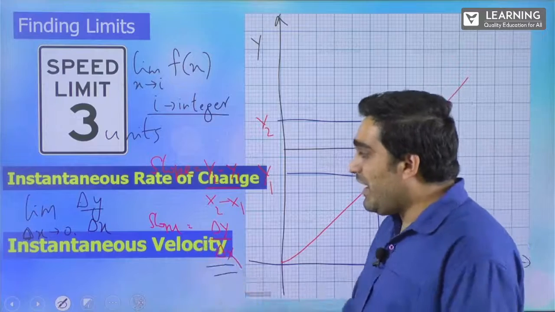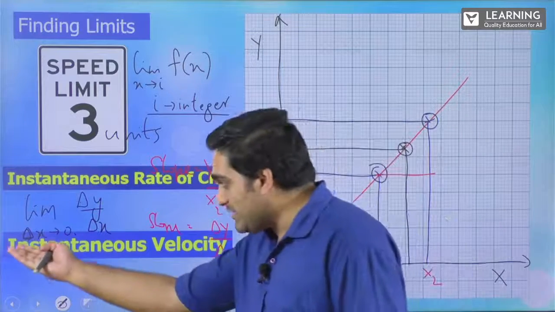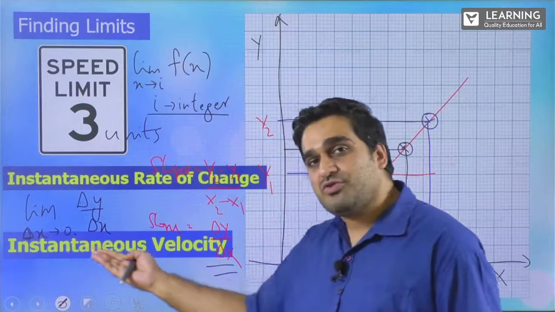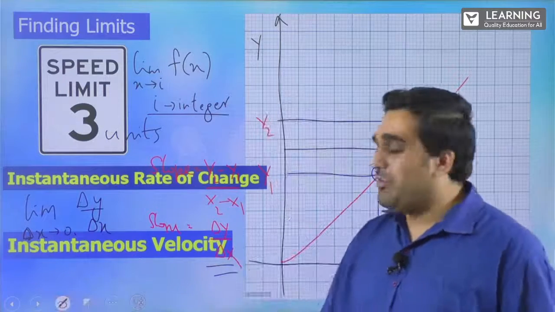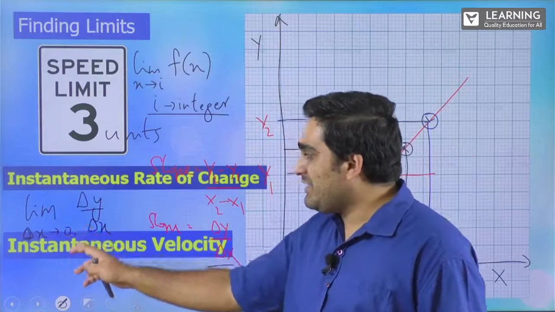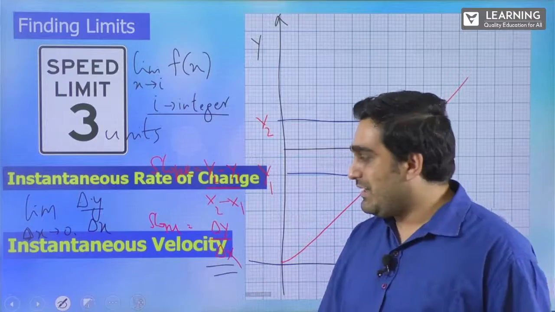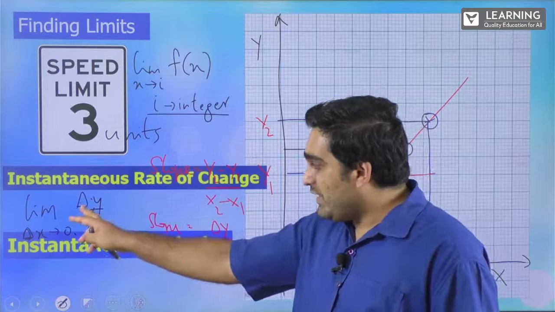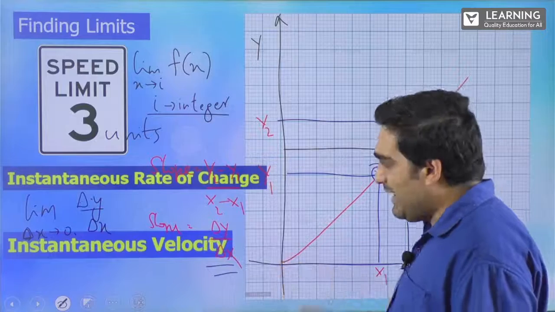And how do you find an instantaneous velocity? By using this tool called limits, where limit delta x tending to 0, delta y by delta x. But in this case, we have y-axis and x-axis.